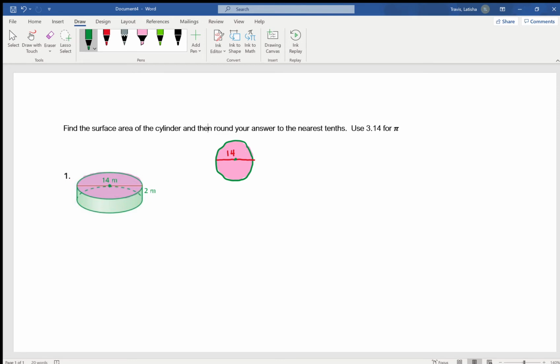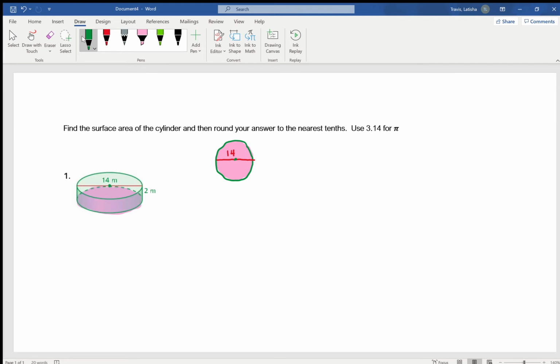Now, the bottom of the cylinder matches the top of the cylinder. So just imagine if we could flip and see the bottom. So I'm going to go ahead and highlight the bottom with pink as well. This is the bottom base of the cylinder. So this portion, if I could take this off and lay it flat, I would have a circle that is identical to the circle that I drew.